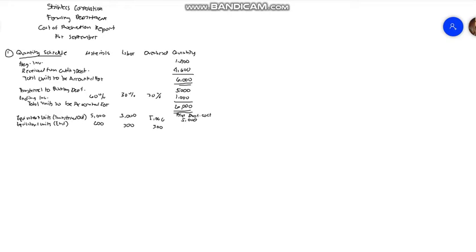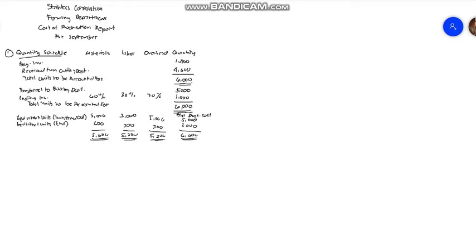And of course, the prior department cost is 1,000. So that's 6,000. Double rule. 5,300, 5,300 and 5,600, and we now have our quantity schedule.